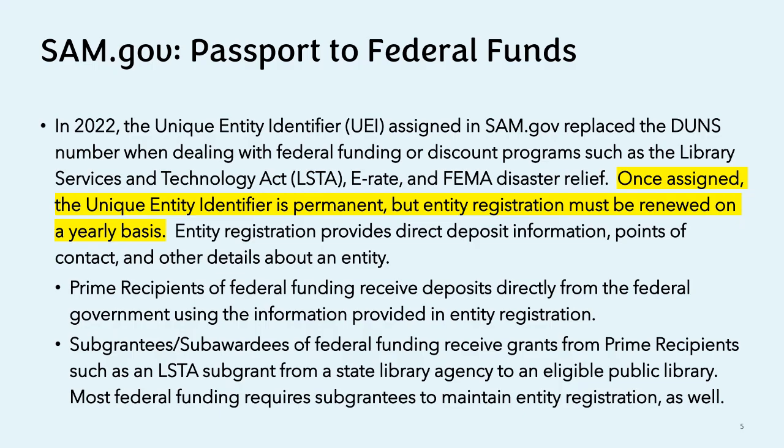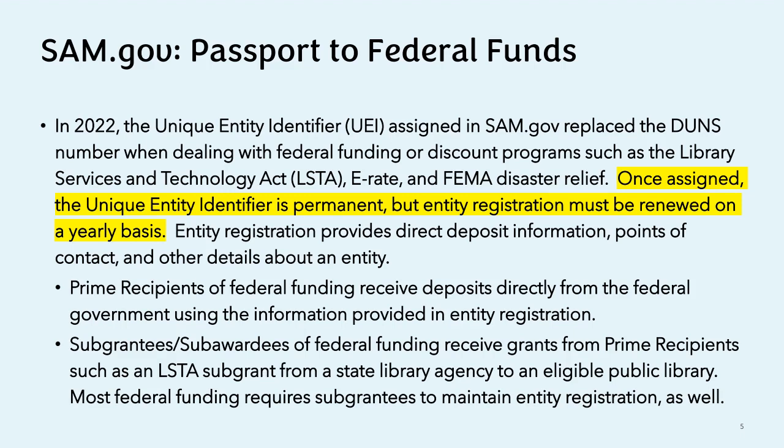So prime recipients of federal funding receive direct deposits directly from the federal government. So for example, the Kentucky Department for Libraries and Archives, as a state library agency, receives direct deposits through SAM.gov for our funding from the Institute of Museum and Library Services, which we sometimes subgrant out.